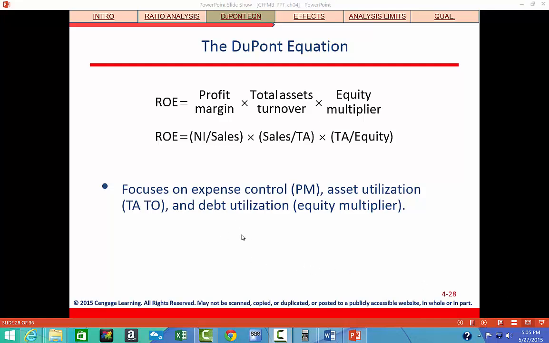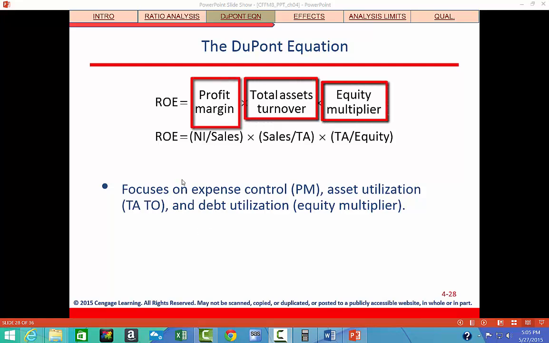The DuPont equation allows us to break down the return on equity into three components that are really multiplied together. And so we can see how we're doing on profit margin, which would help us focus on expense control. Asset utilization would be the total assets turnover. And then the equity multiplier, we haven't looked at that one yet, but it would help us figure out how we're doing on our debt utilization.